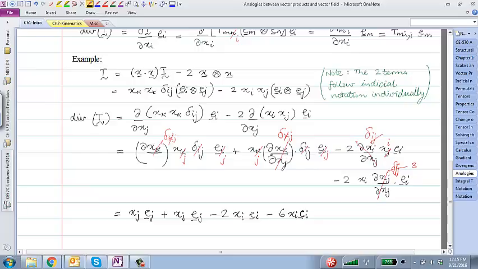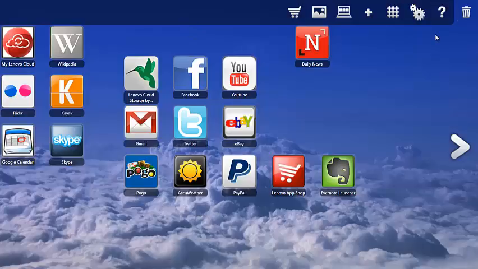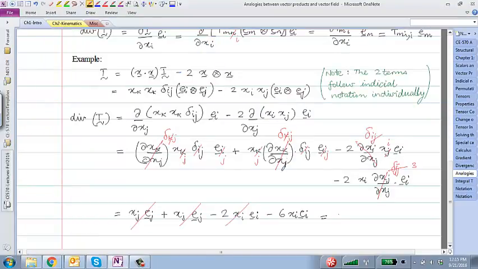And of course, if we cancel this off, this is just vector x, this is another vector x, with this minus 2x, then the result is, oops, minus, oh. Not sure what happened there. Okay, so we have the result as minus 6x.